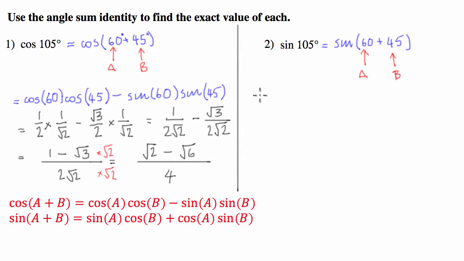So what we can see now is that this is going to be equal to the sine of A, which we know is 60, times the cosine of B, which we know is 45, plus the cosine of A, which is 60, times the sine of 45.